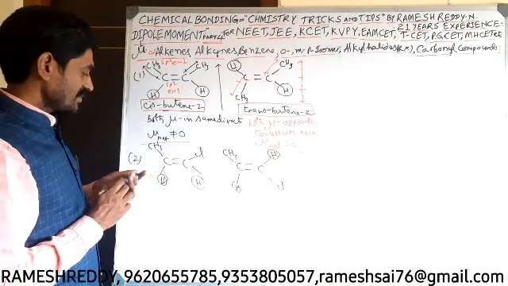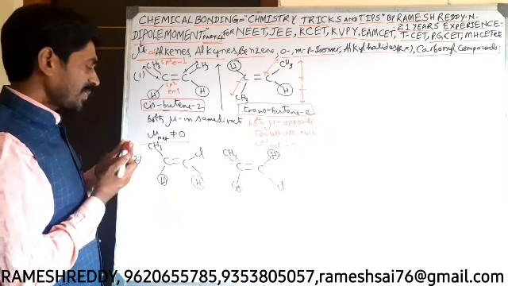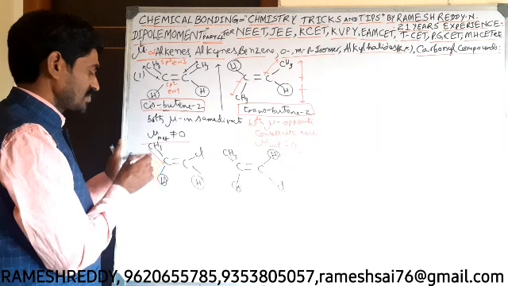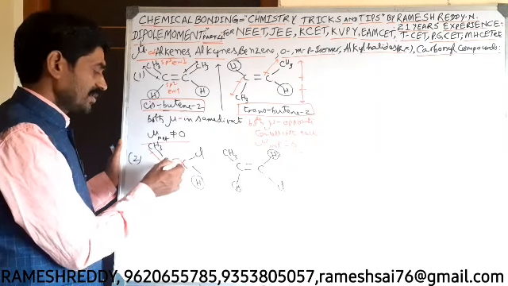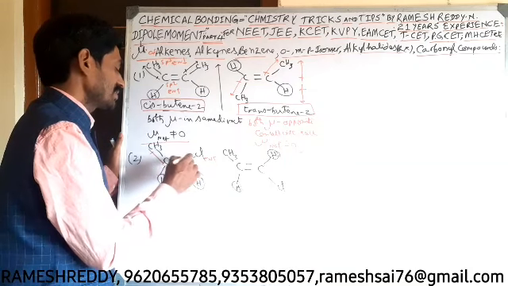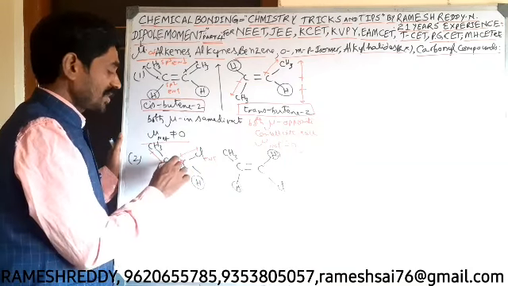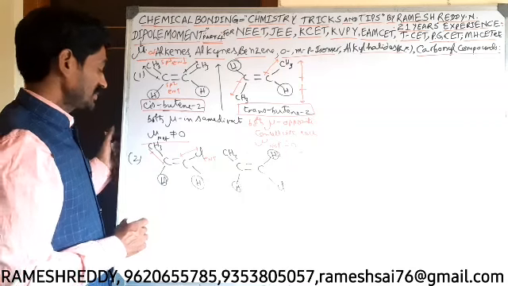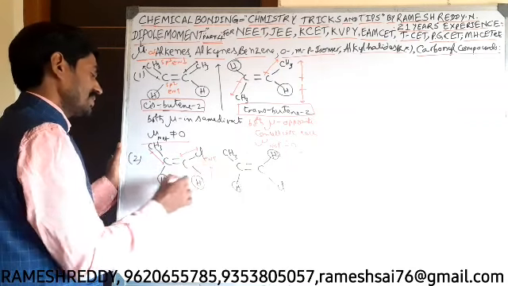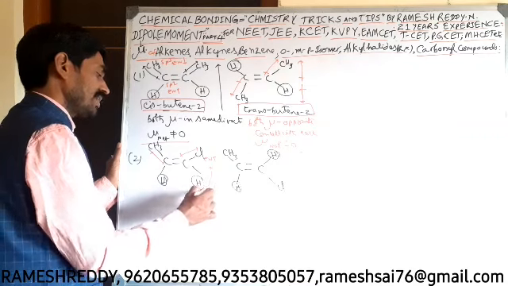Now in this case, the dipole moment goes from the sp3 carbon towards the sp2 carbon, and compared to carbon, chlorine is more electronegative. So the dipole moment goes from the sp2 double bonded carbon towards the chlorine atom. One is in the upward direction and the other in the downward direction, both in opposite directions.